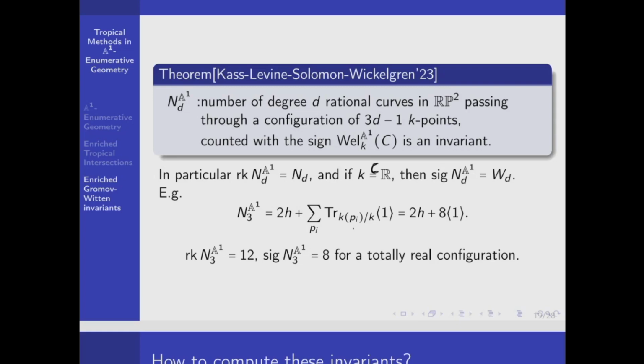So it doesn't work in general. This method won't allow us to compute anything more than degree 3. There are other examples for invariants that you can define for other surfaces. But the question now is, how do we compute this invariant? They proved that it's an invariant, and now the question is, how do we compute this?